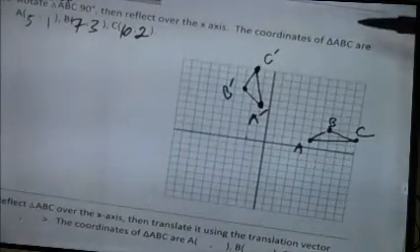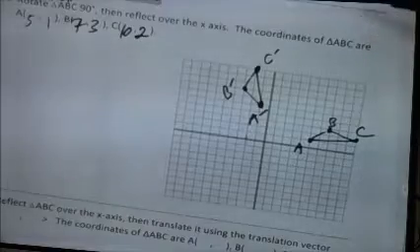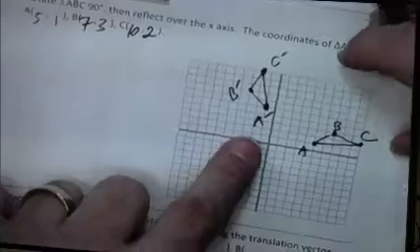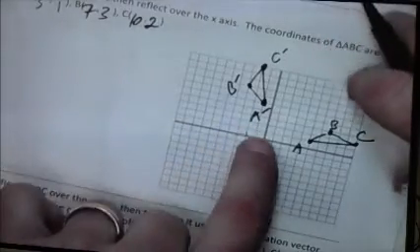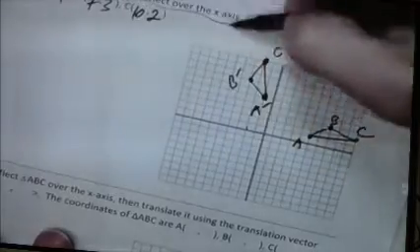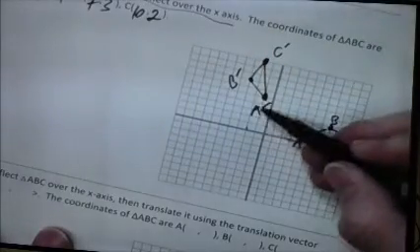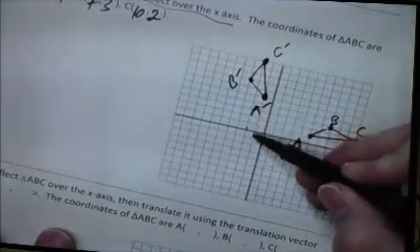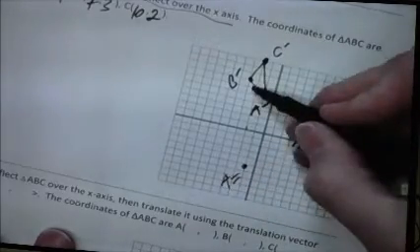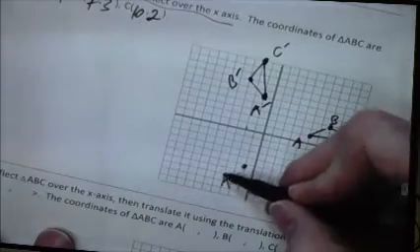You could use a protractor to also check it, but changing around the X and Y's once I verify which way it should be, and doing the turn like that really helps me. And then reflecting it over the X-axis, that one's the easy part. 1, 2, 3, 4, 5, 3, 4, 5. So there's A double prime. This one's down 7.